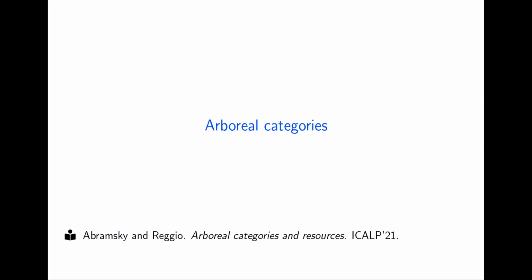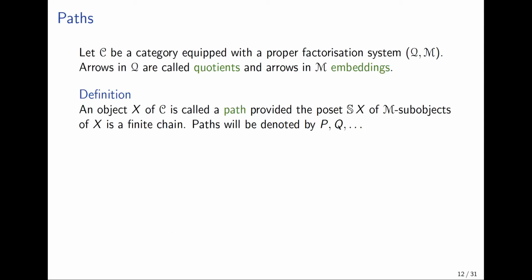Now, intuitively, arboreal categories provide an axiomatization of the categories of coalgebras for game comonads. That's the main idea. And they're essentially based on the notion of a path. So the notion of a path is defined in terms of a good factorization system.